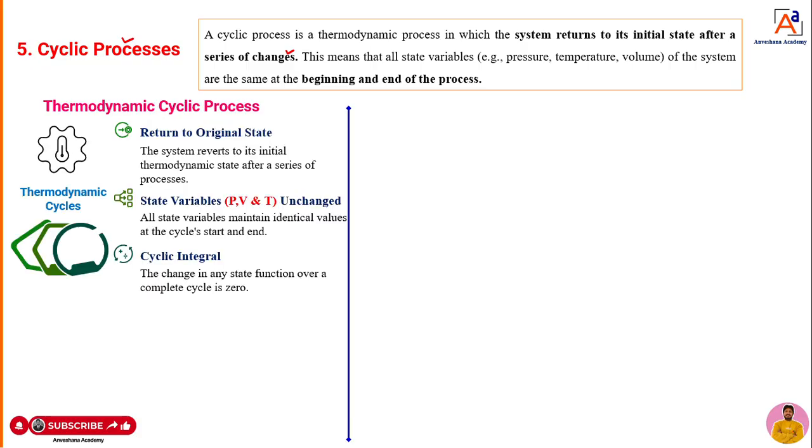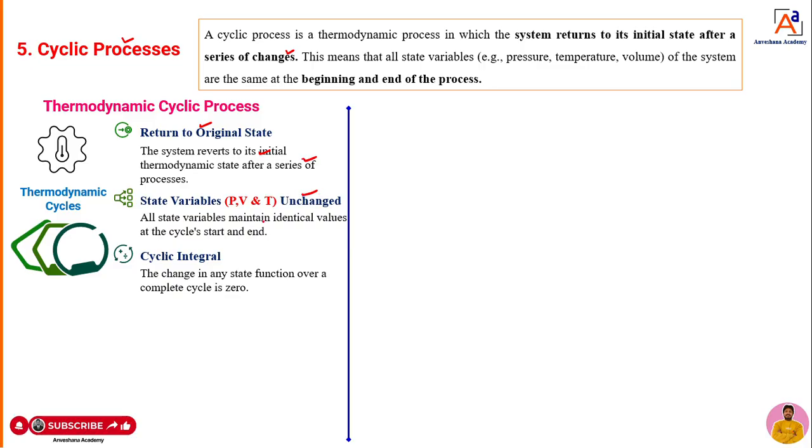How is it? You can see here now, dear students. Now you can take a system. That system is going to return to its initial state even after going through a series of processes. The state variables will not change, initially as well as at the end.